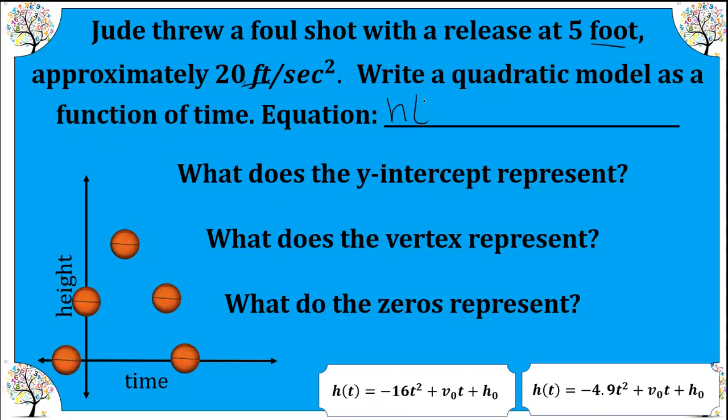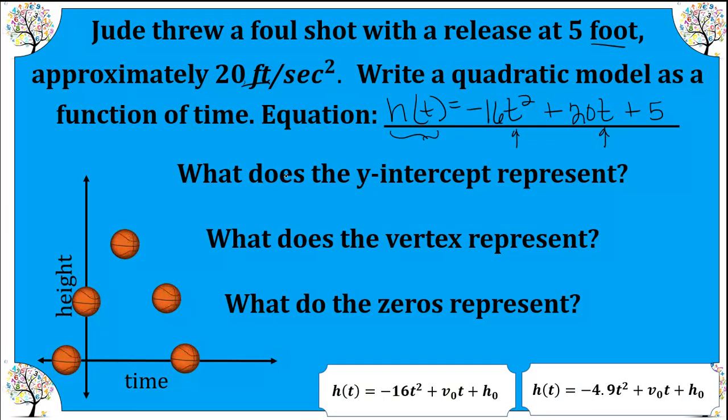So the height with respect to time is going to be negative 16t squared plus our velocity of 20 times time, and we begin at 5 feet. So again, our input values represent seconds. Our output value represents the height at that particular second.